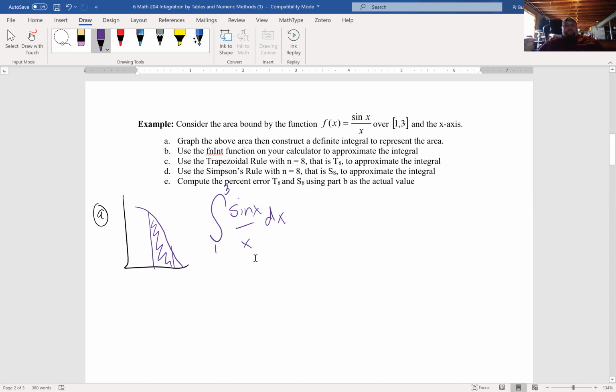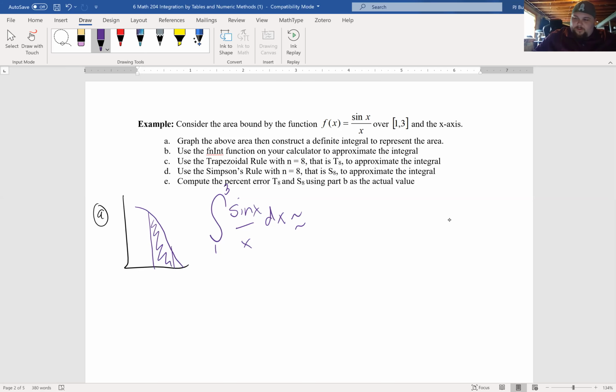And it would be quite ugly, I think. So let's go ahead and use these methods. It says first it wants us to use our calculator to get an approximate number.